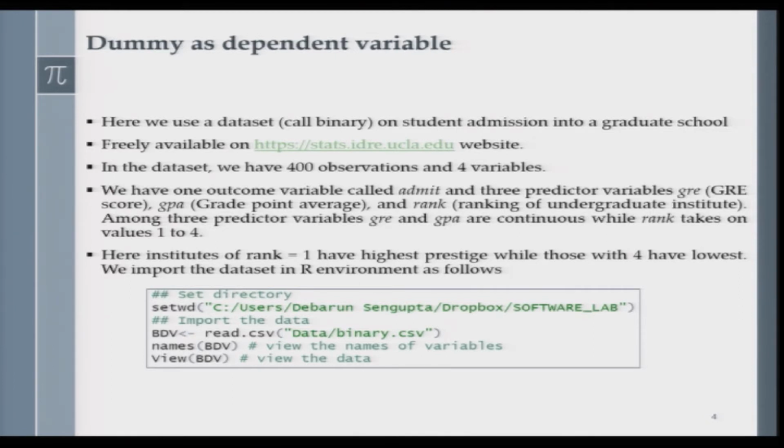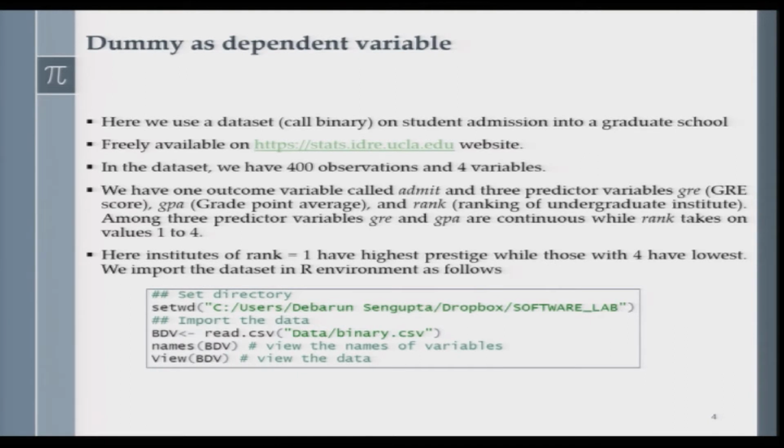From that data source we have downloaded a data set, and let us call it binary, which is on student admission into graduate school in the United States. In that data set we have 400 observations, which are basically 400 student application cases, and there are 4 variables for each of the student cases.